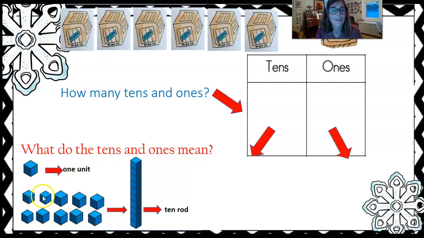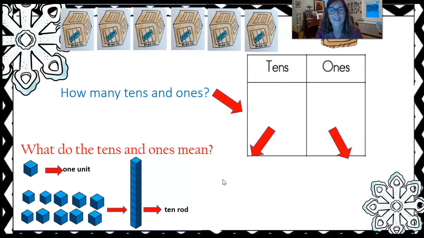And then 10 of those units, we can put them together and they make up a 10 rod. Now that we know we can have a unit, which are our ones, or put 10 together to make a rod, let's think about what these boxes look like if we use the 10 rod and the unit.